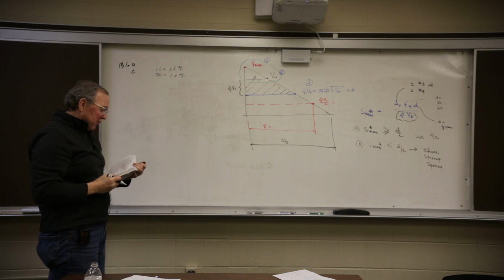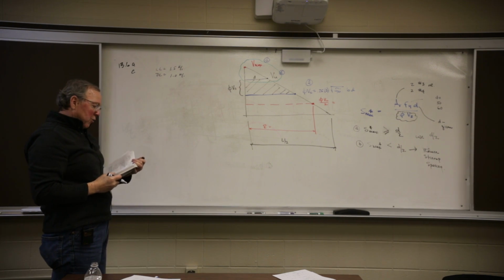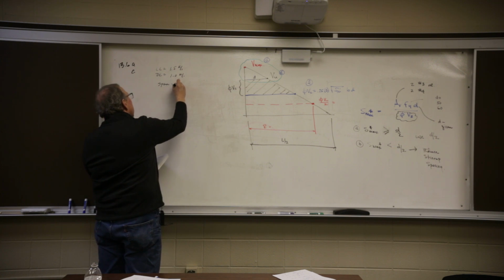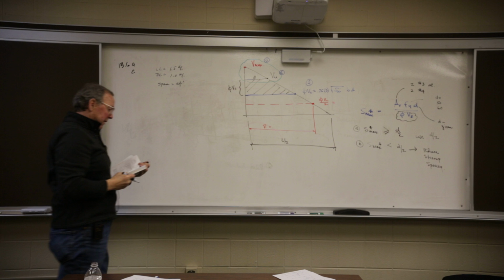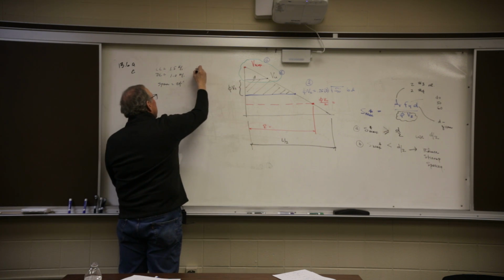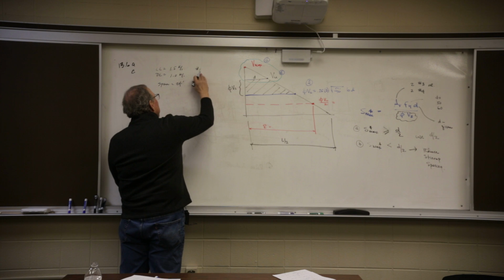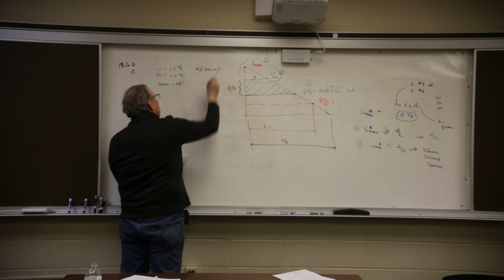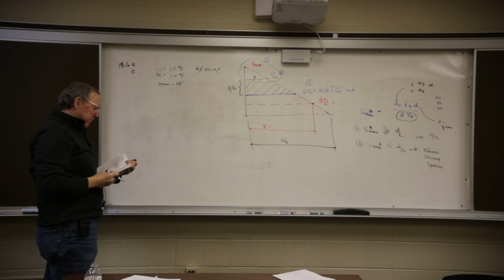I got a cross section on a 24-foot span. Spans 24 feet. I'm using a number 3 stirrup. Number 3 stirrup. Okay.